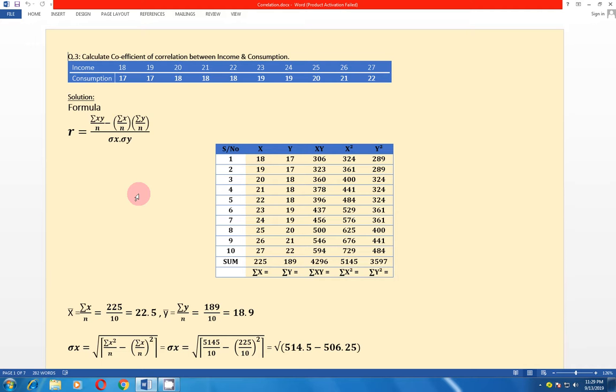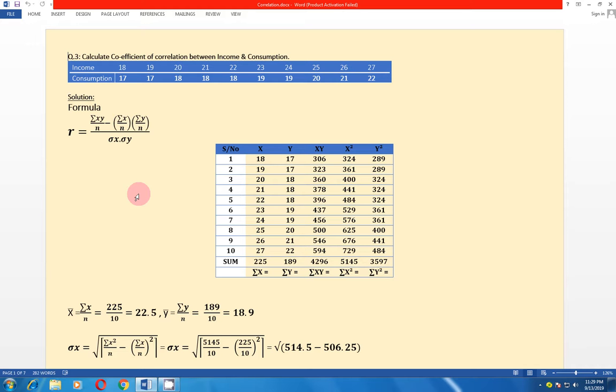And if answer ranges between -1 and 0, it means that there is negative relationship, which means that if one variable increases, other decreases, or one decreases and other increases, but not proportionally.